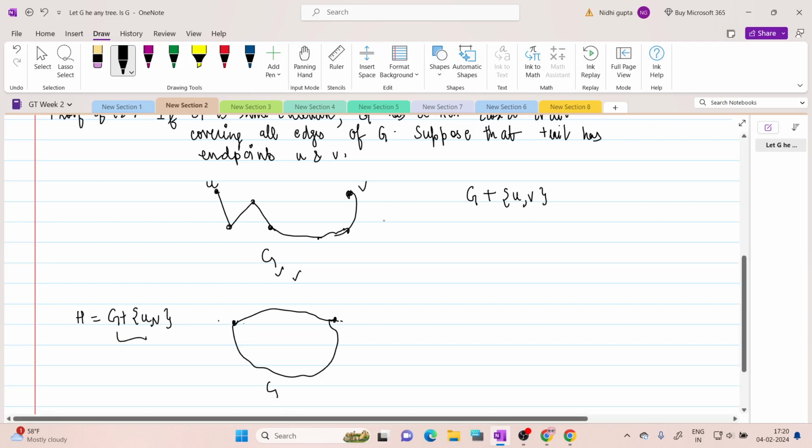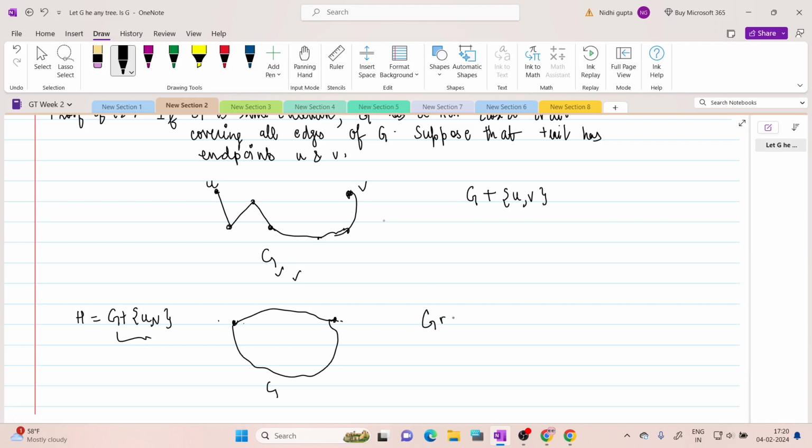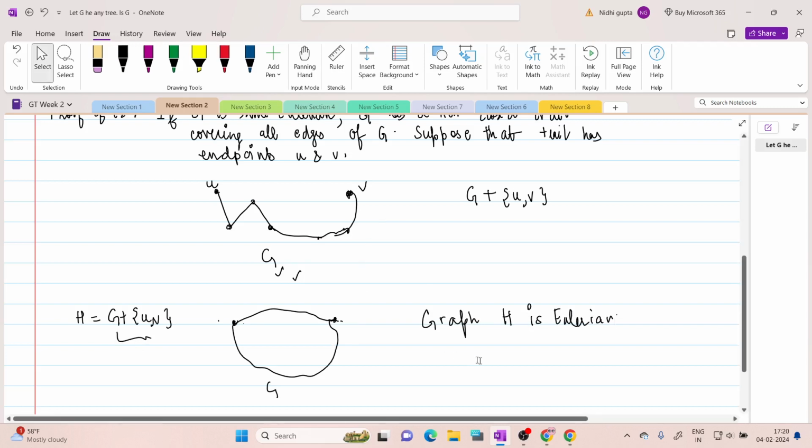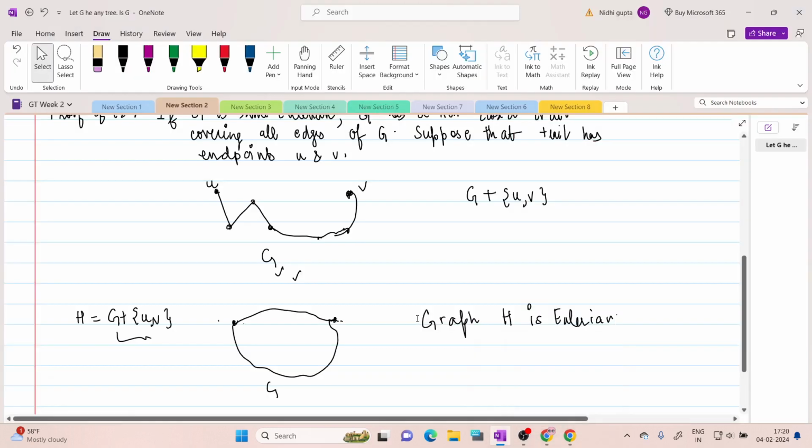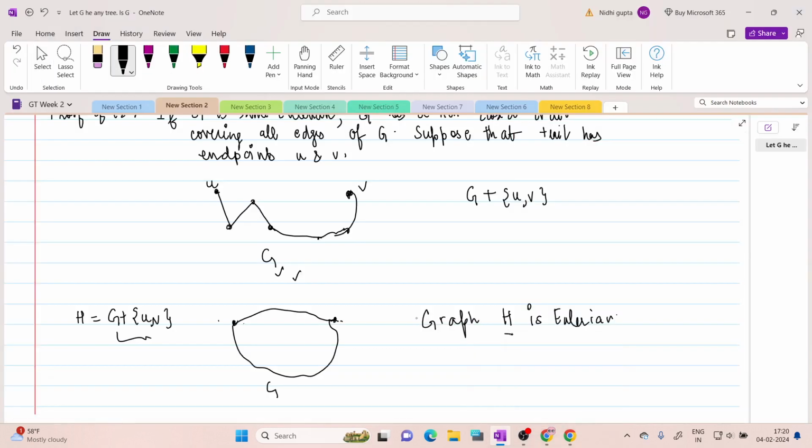Yes. So basically you are saying that graph H is Eulerian, right? That is, G plus UV is Eulerian.